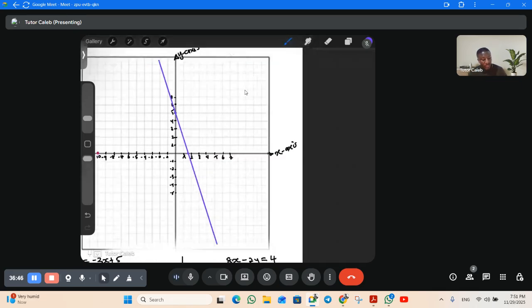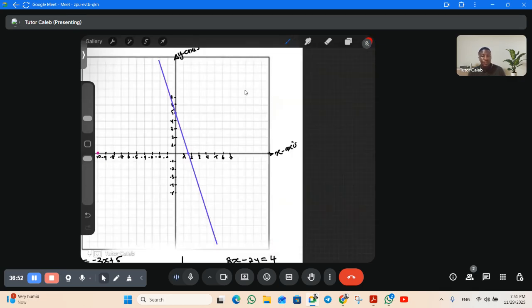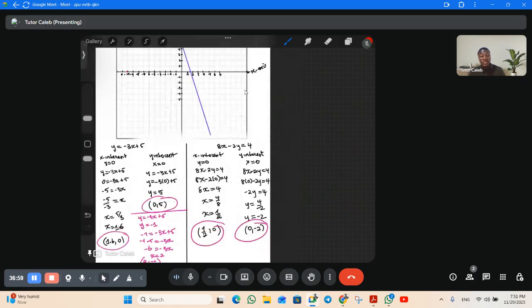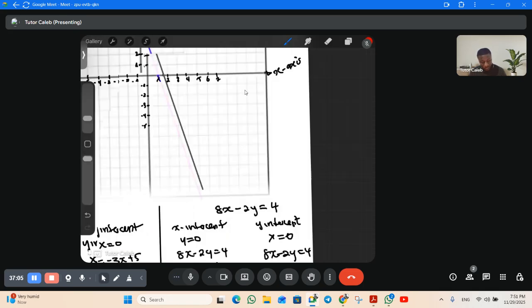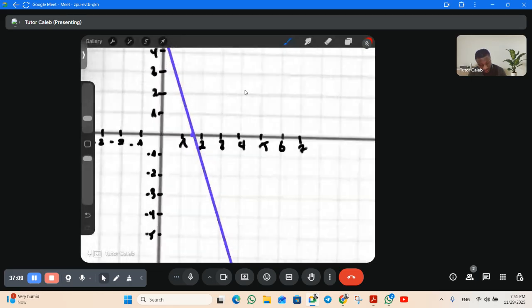Now for the second line, I'll draw it in red so you can distinguish it clearly. For my second line, my x-intercept is half and 0. Half and 0 is somewhere here.